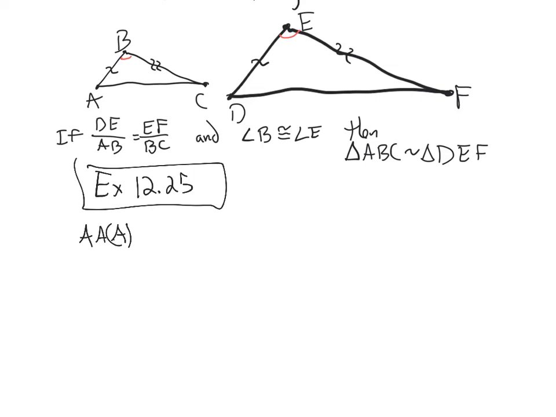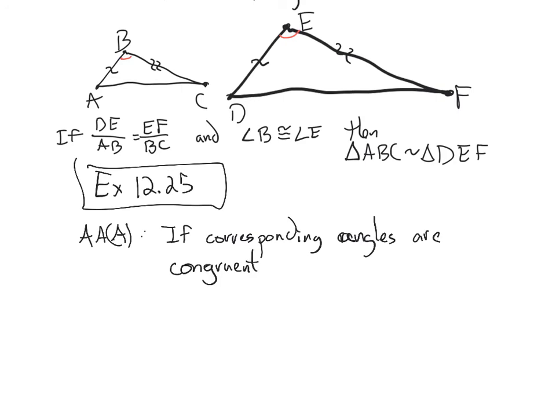So, what this is saying, if corresponding vertices or angles are congruent, then the triangles are similar. So what is this saying?